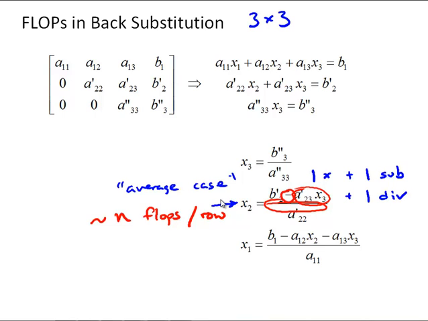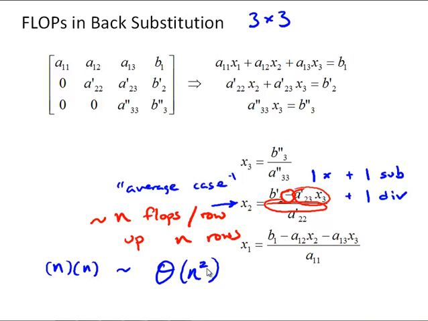And then we're going to go down, or up, since this is back substitution. You can say we're going to go up n rows. So n flops per row, up n rows is going to give us n times n, or order n squared for back substitution.